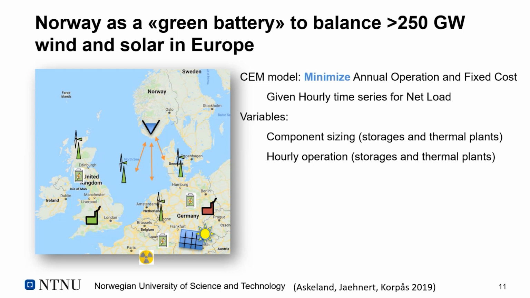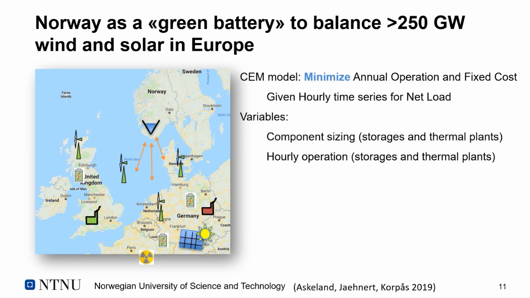The aim here is to minimize the annual operation and fixed cost of a North European aggregated power system, given a scenario for wind and solar. So wind and solar capacity expansion is not part of this study.